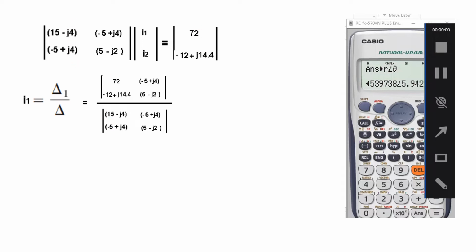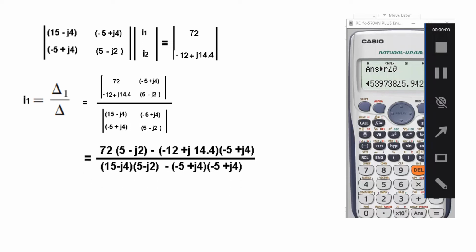Now we can do a simple solution, cross multiplication: 72 multiplied by (5 minus j2), and then minus the cross multiplication of this, and similarly the denominator, cross multiplication of this minus cross multiplication of this.